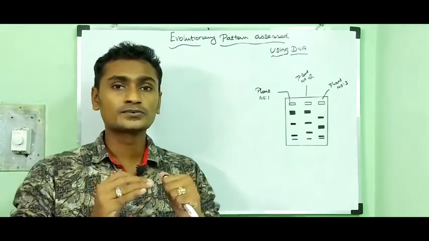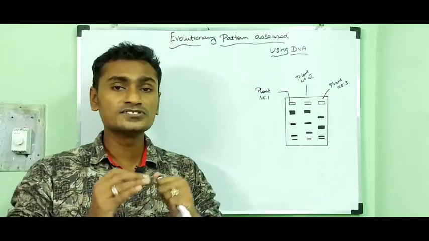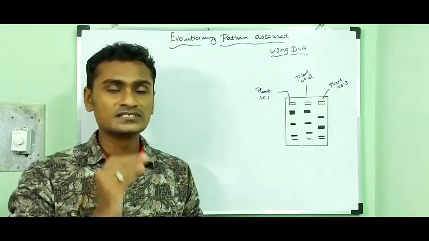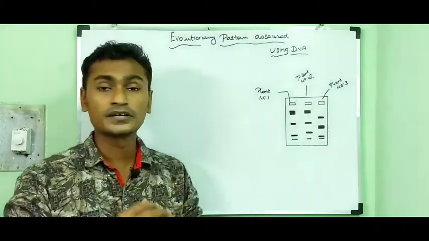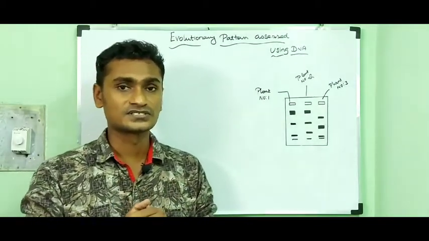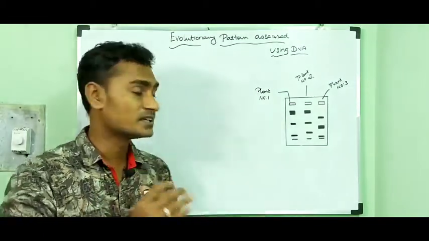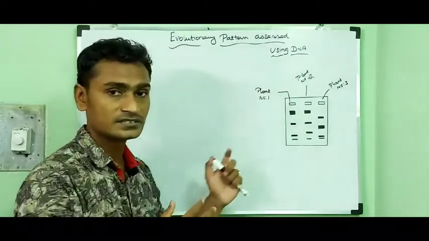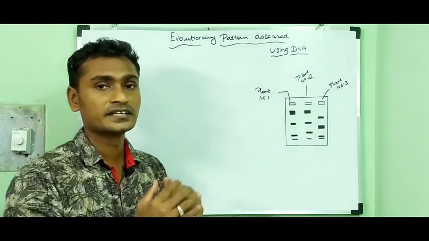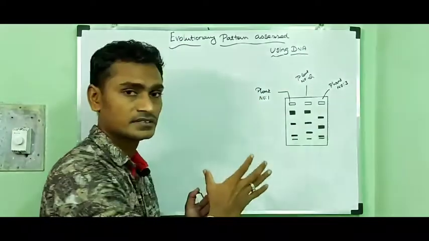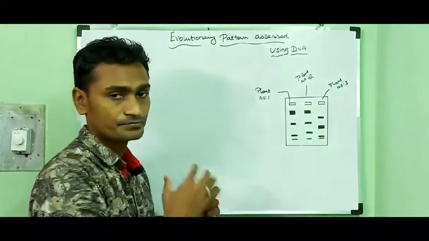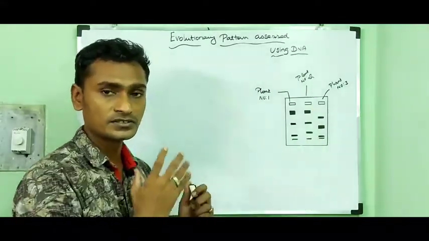Now I am going to assess the evolutionary pattern of 3 different plants by using gel electrophoresis. So first we have to isolate DNA from the 3 different plants. Then they have to be loaded on a gel plate. Then the gel plate has to be run on electrophoresis.